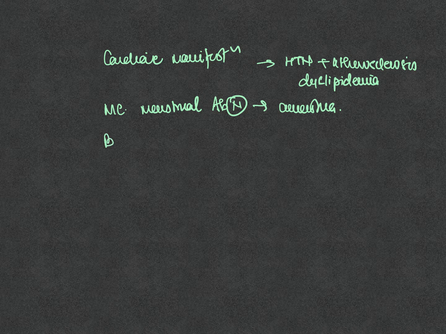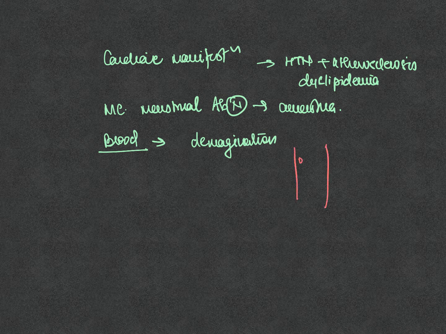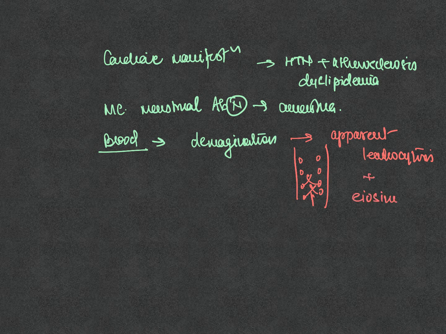In blood, steroids always cause demargination. That is, if this is the blood vessel and here are the WBCs, so when the steroid comes, they will demarginate towards the center and this will cause a feeling of apparent leukocytosis. Plus eosinopenia.